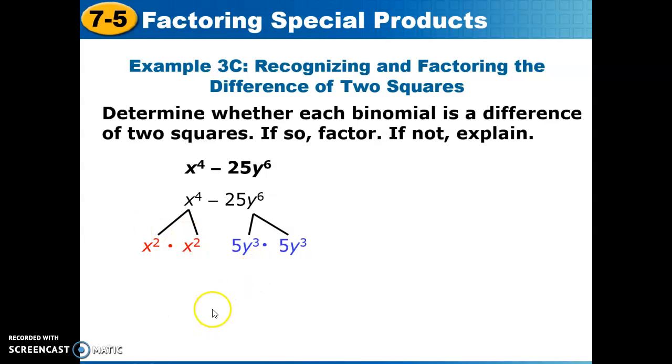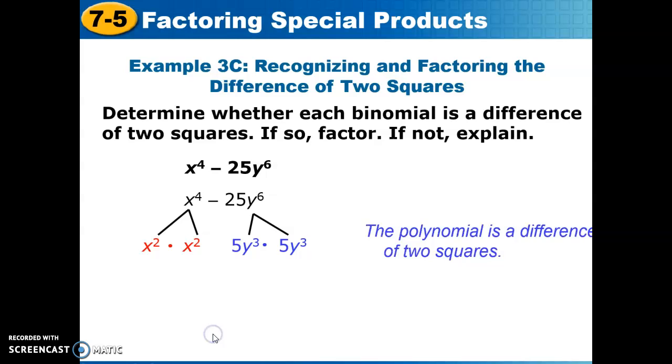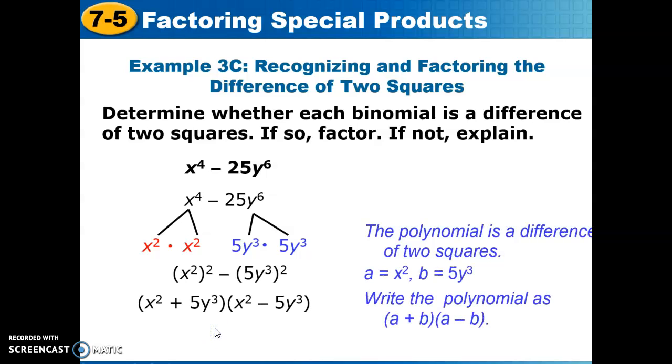So your answer is going to be x squared plus 5y to the 3rd and x squared minus 5y to the 3rd. Okay, this right here is your answer.